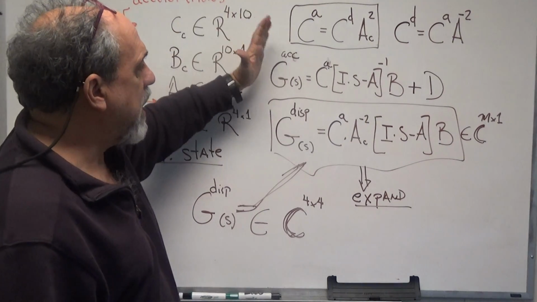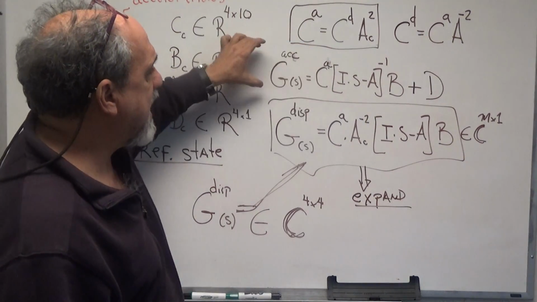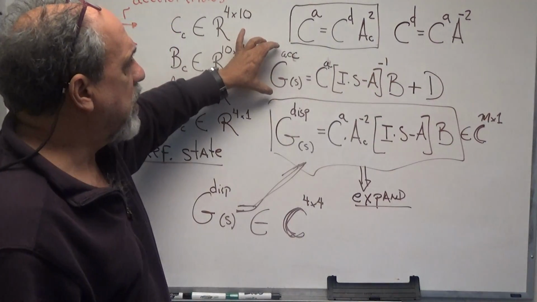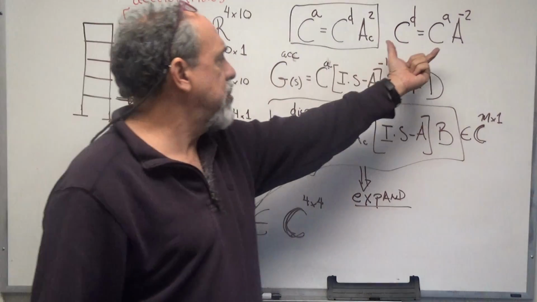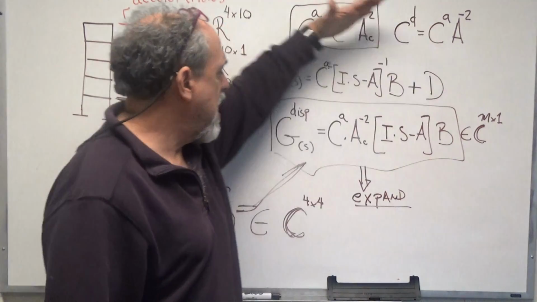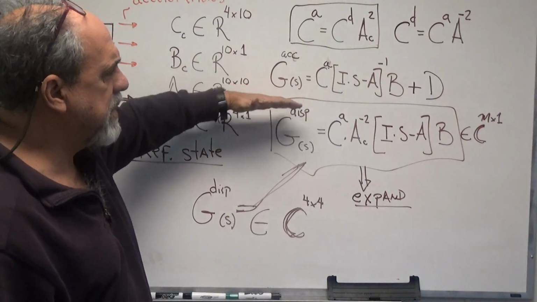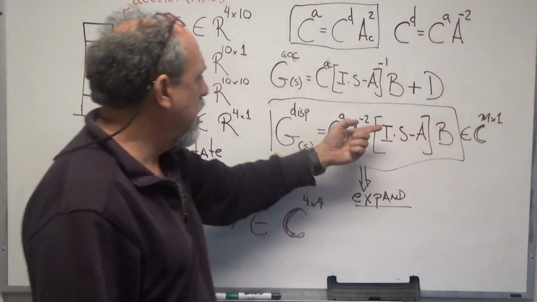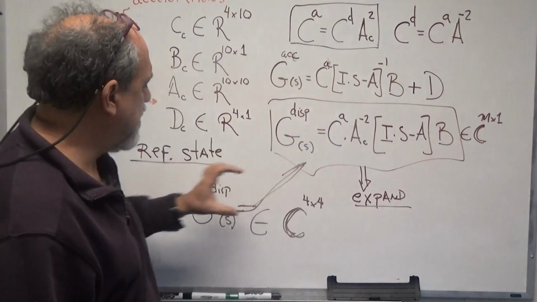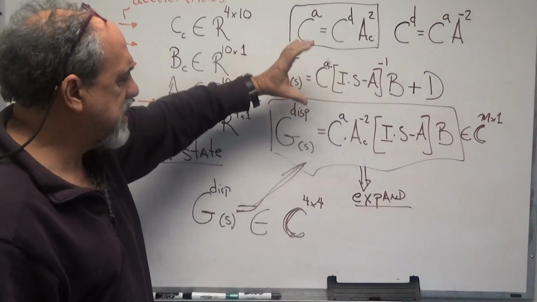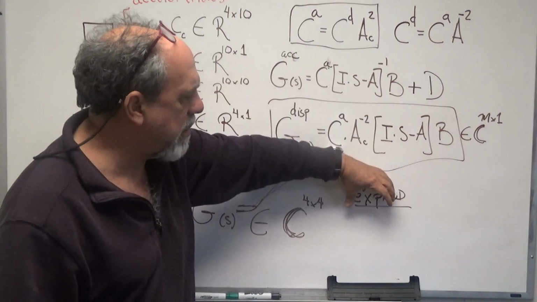However, also relating accelerations to forces, we then introduce the relationship that we have over here and get the transfer matrix for displacements, still one column, and then that's by the A C to the minus 2. Then we just apply the theory that we learned about expanding.